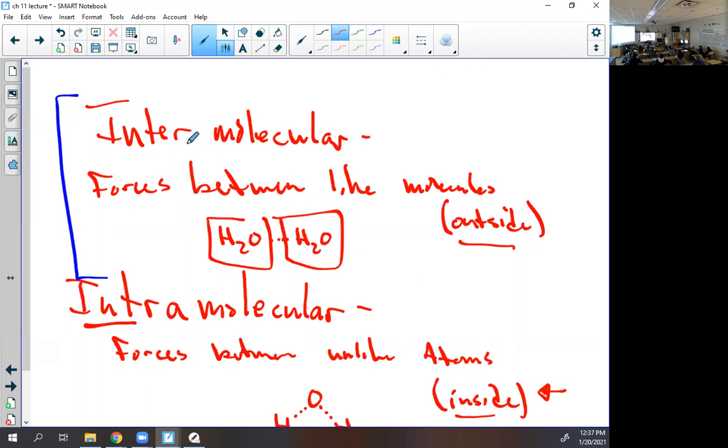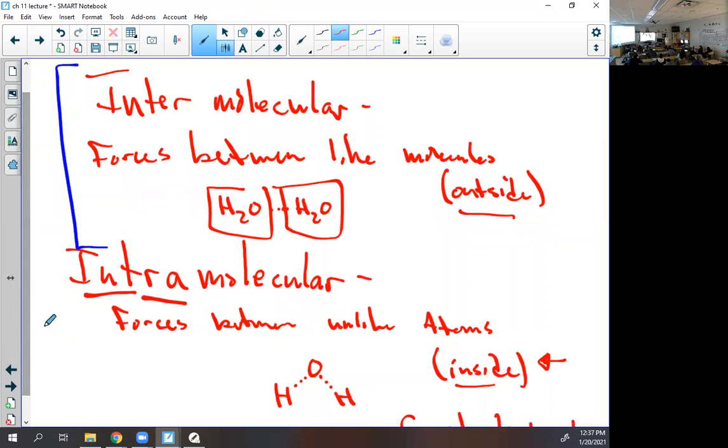An intermolecular force is a force between like molecules. So, for instance, an intermolecular force is the attraction between two water molecules. An intramolecular force is the attraction between the H and the O in this covalent bond.